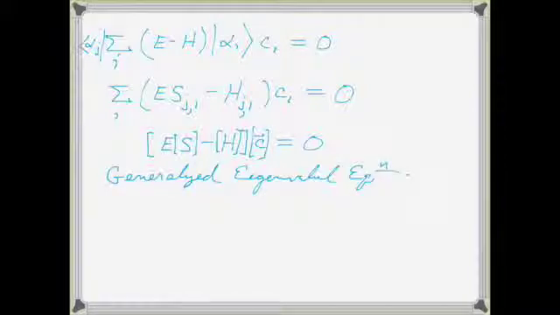And that's what's solved in all these, well, it depends. Codes do it in different ways. But when you're dealing with a non-orthogonal basis, this is what you end up with.